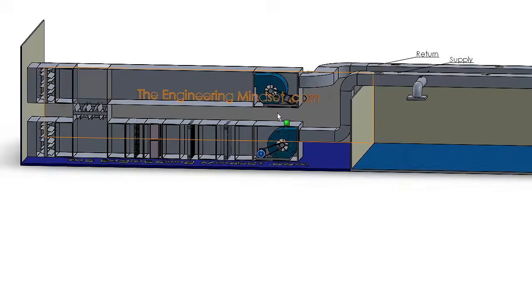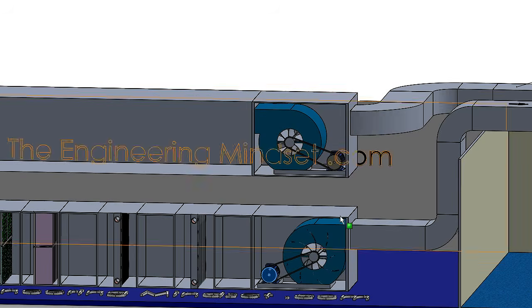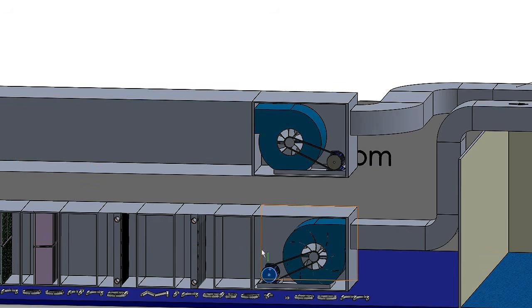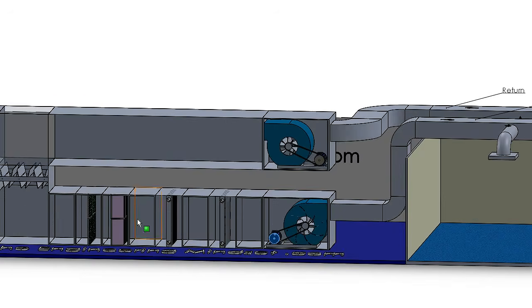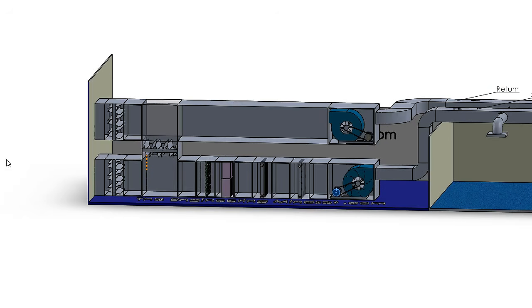Now the return fan works very similar to the supply one, just in reverse, so it's sucking the air out of there. I've just again done a simple explanation here of how that would work. Once the air has been brought into the building, it's passed through these dampers, which control the amount of fresh air that can be brought into the space.